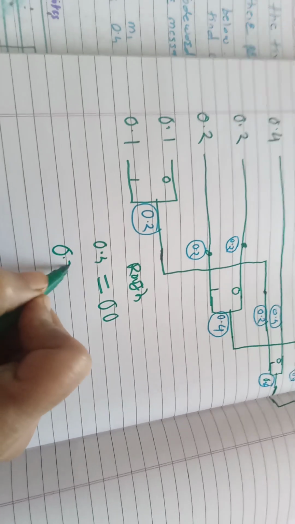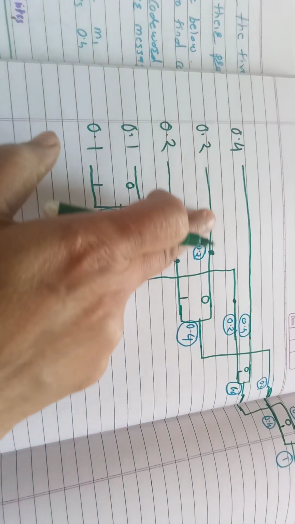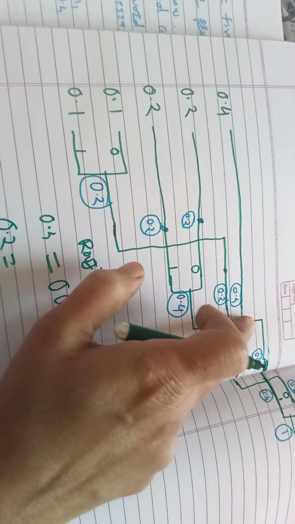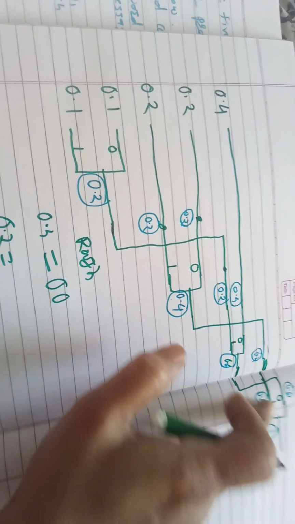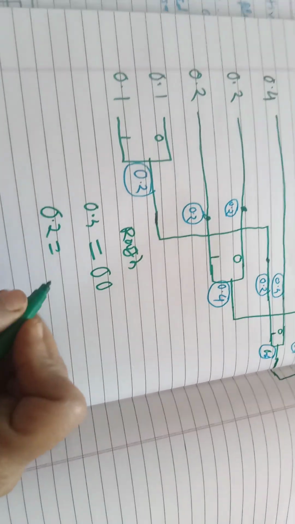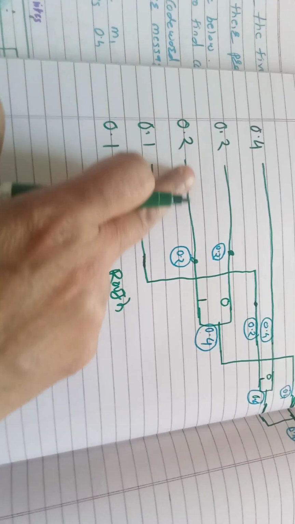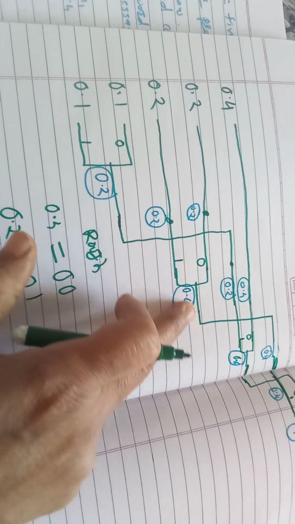Next 0.2, 0 and 1. 0.2, this 0.2, 1 and 1.